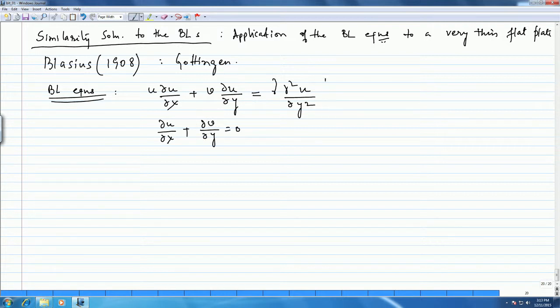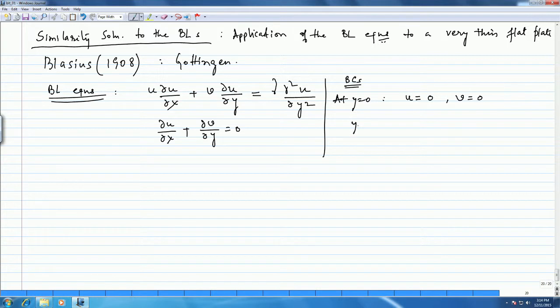This is subjected to the boundary conditions, okay? Boundary conditions that at y is equal to 0, u is 0 and v is 0. So basically these two are our unknowns, right?